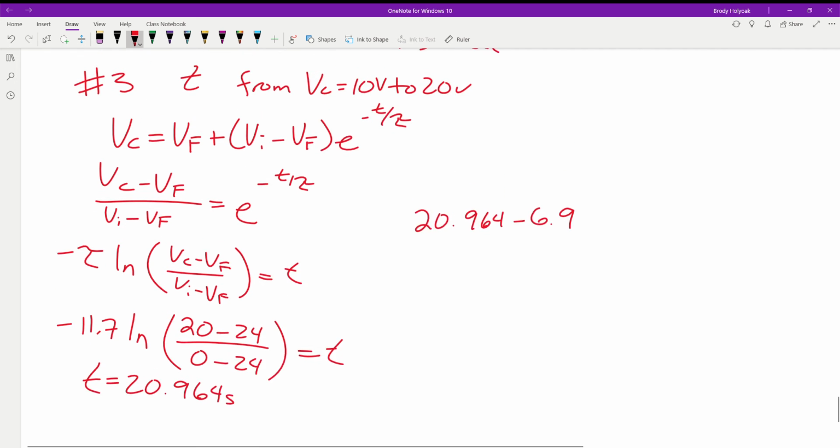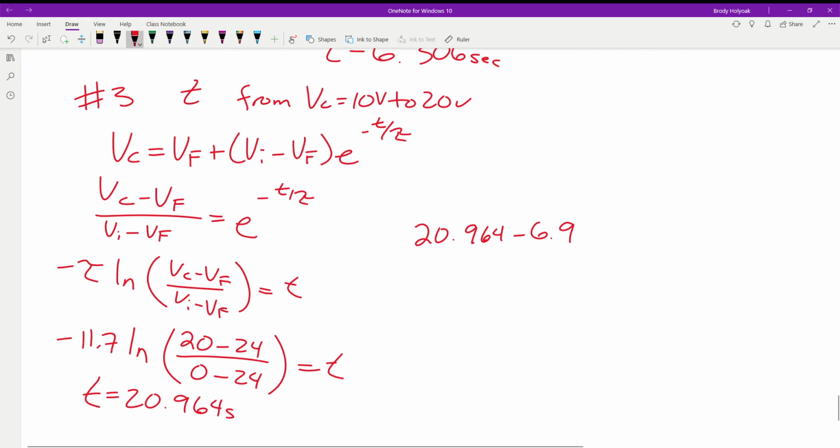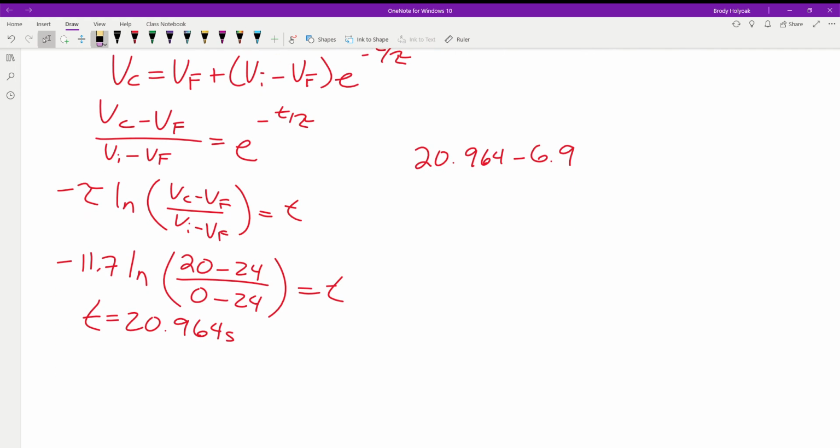So this answer, was it 9.03? 14.6. This is the total time it takes to go from 10 volts to 20 volts.